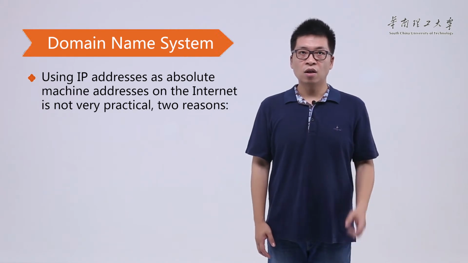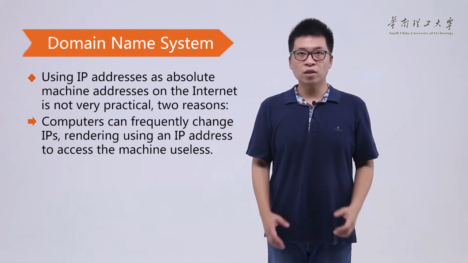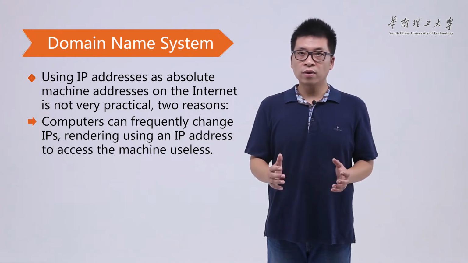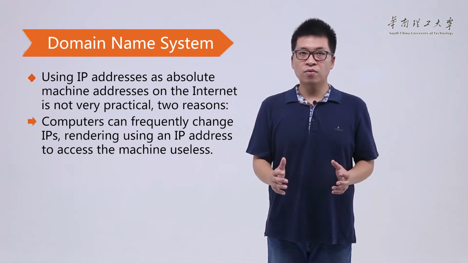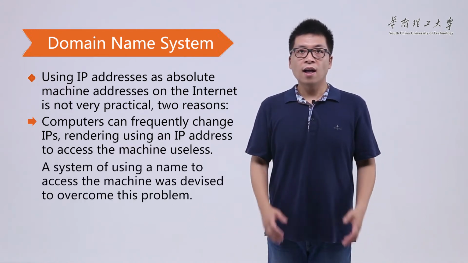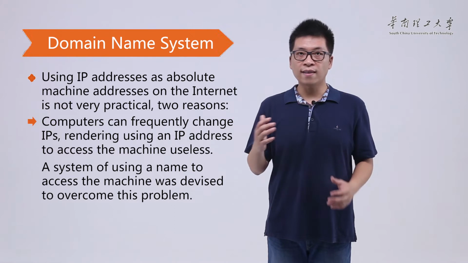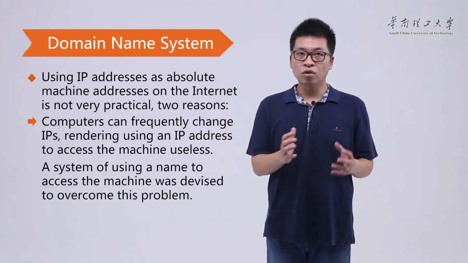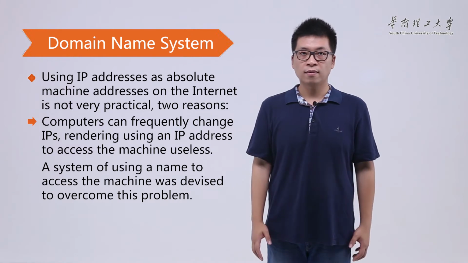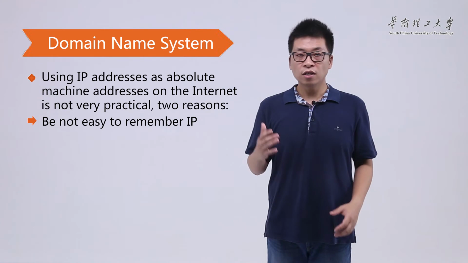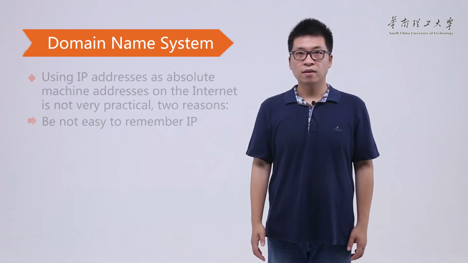Reason one, computers can frequently change IPs, rendering using an IP address to access the machine useless. A system of using a name to access the machine was devised to overcome this problem. Reason two, it is not easy to remember IPs.